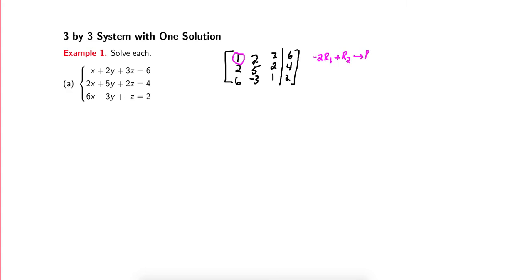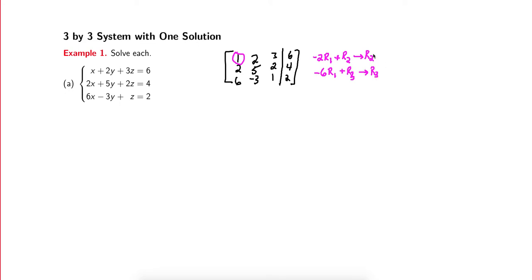Just like we did with 2 by 2 systems of equations, except now we have a third row. For the 6, the opposite of 6 is negative 6, so negative 6 times row 1 plus row number 3 will be our new row number 3. All right, so let's see what we get.